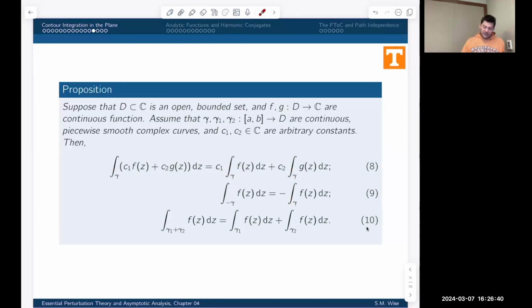If I integrate over a contour and a negative contour, what that means is I'm basically running this contour in reverse. Then that's equal to minus the integral of the function over the original contour. So minus contour just means run that contour in reverse. That's the definition.